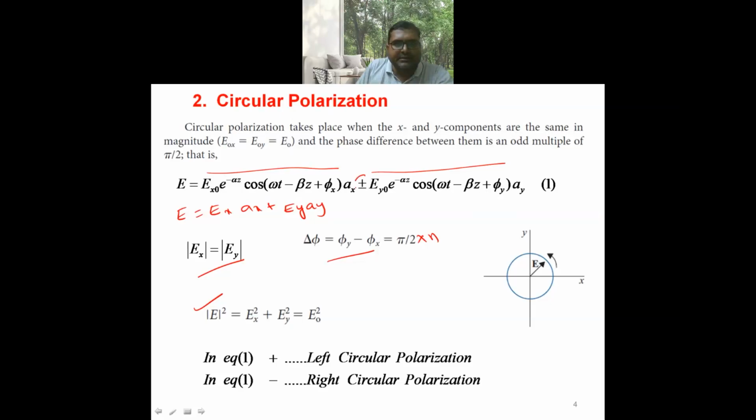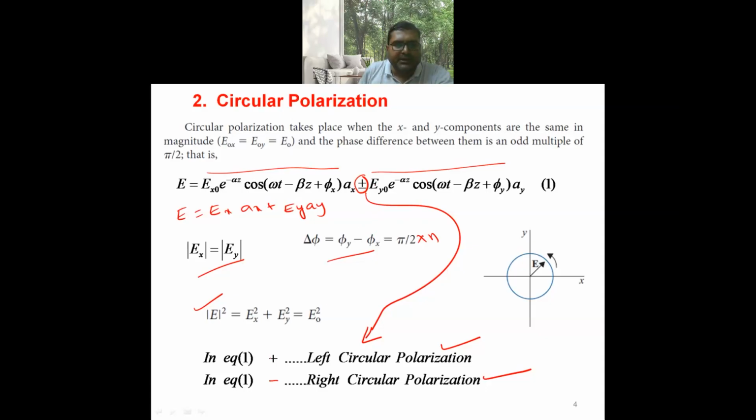And one more thing is the symbol. Plus indicates it is a left circular polarization, and minus indicates it is a right circular polarization. The sign is very important in classifying or in solving problems in the GATE examination.